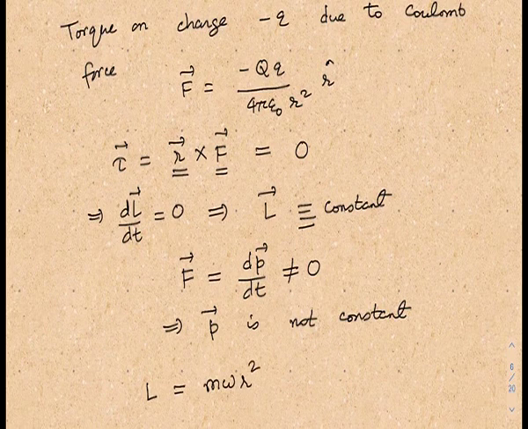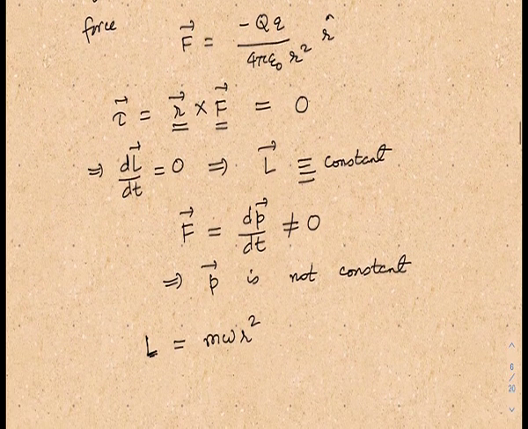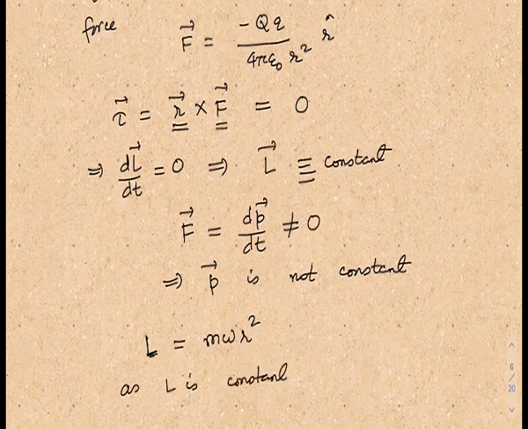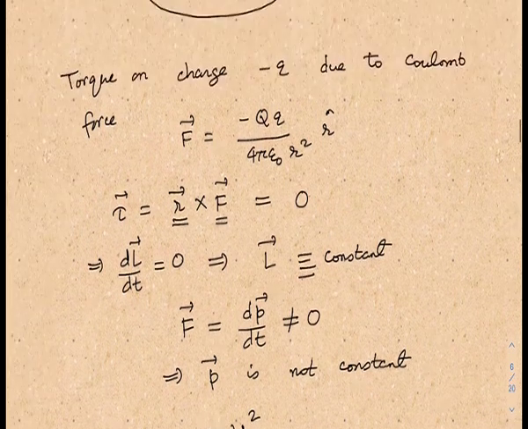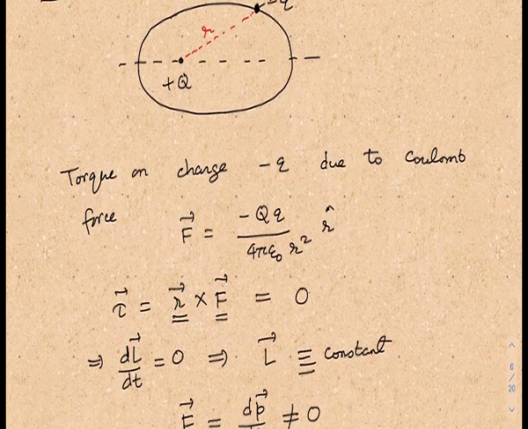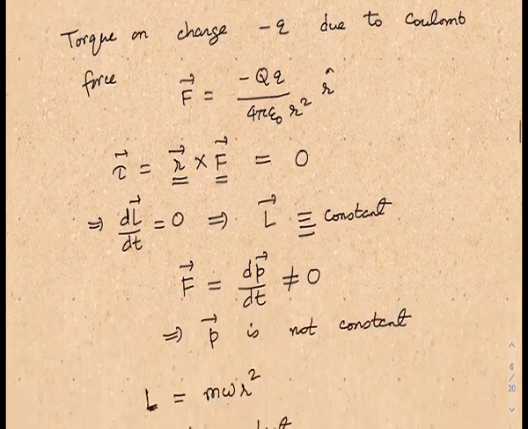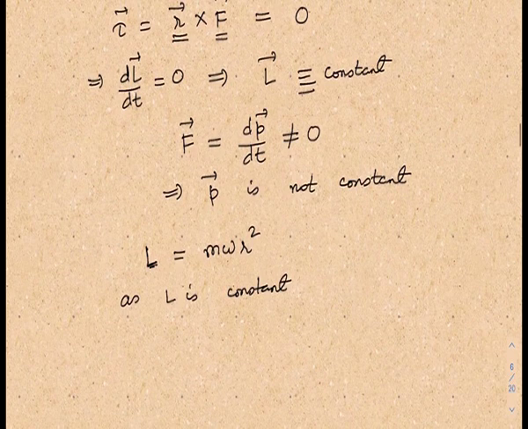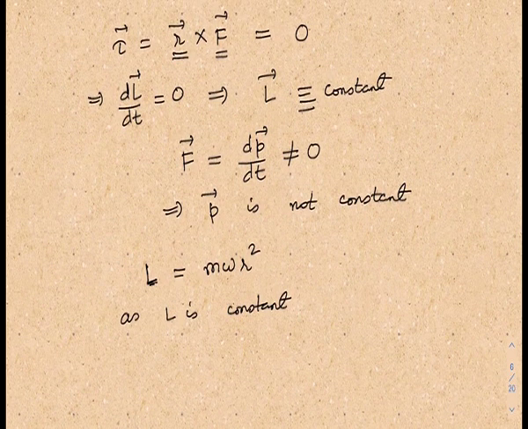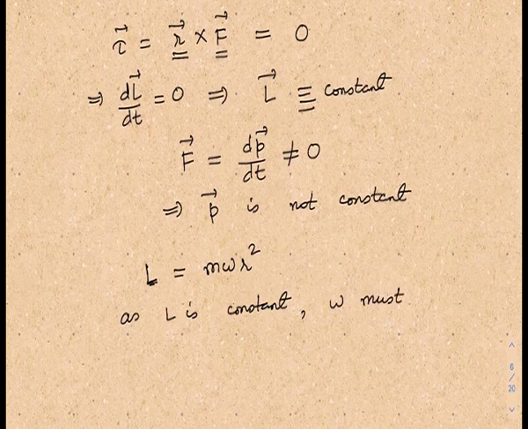Because L is constant and r is varying, since r is different at different positions as it moves, omega has to vary. Omega must vary because you have to keep L constant while r is varying.